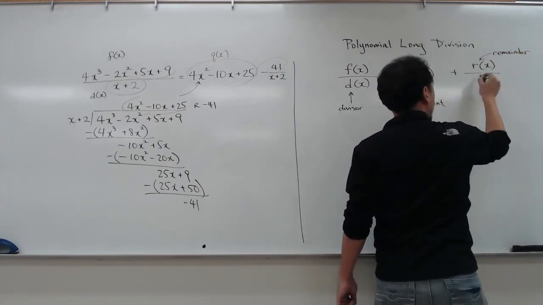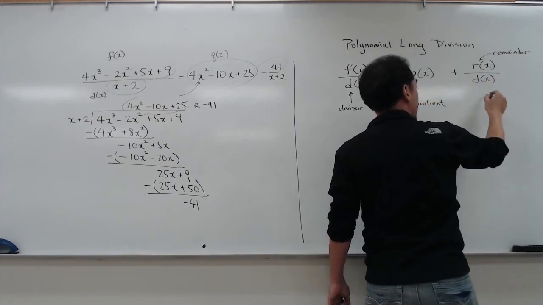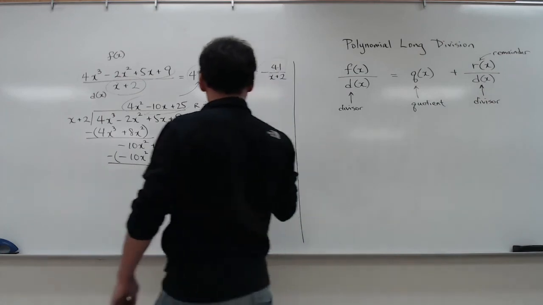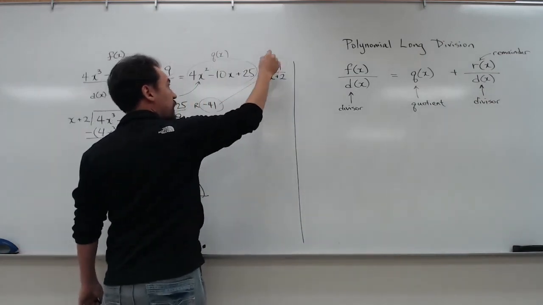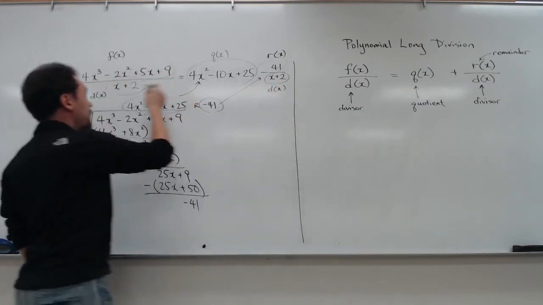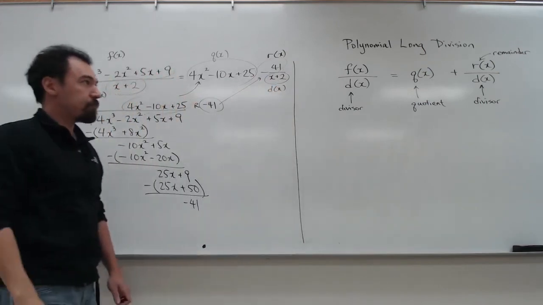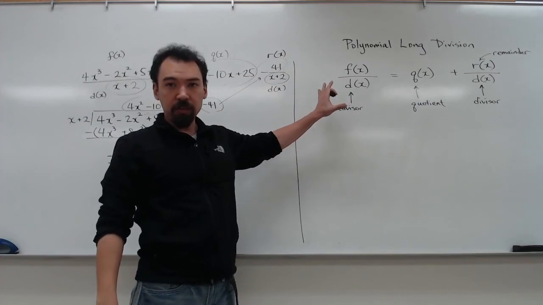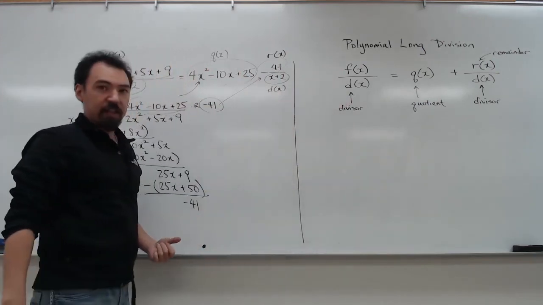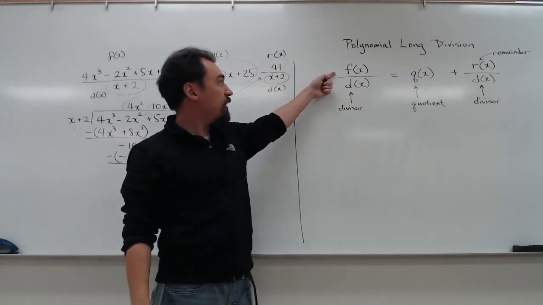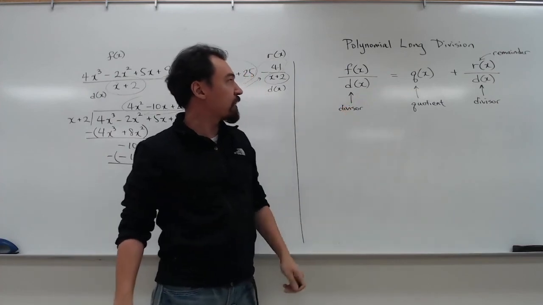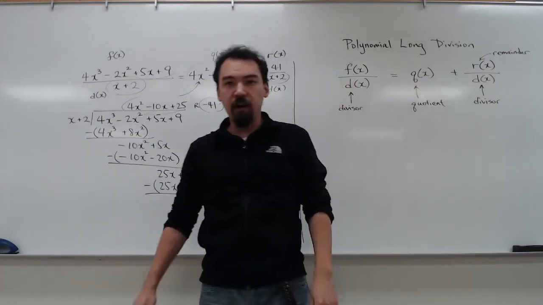And then we wrote that over d of x, once again, the divisor. So going back to here, this went up there and became r of x, and this down here was the same d of x that showed up there. And this form is not only pretty, but the way we've done this, it's guaranteed that we can take a polynomial divided by another polynomial and end up in a form like that where all of these are polynomials.